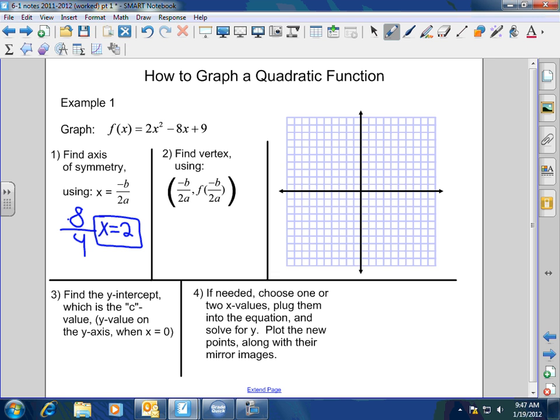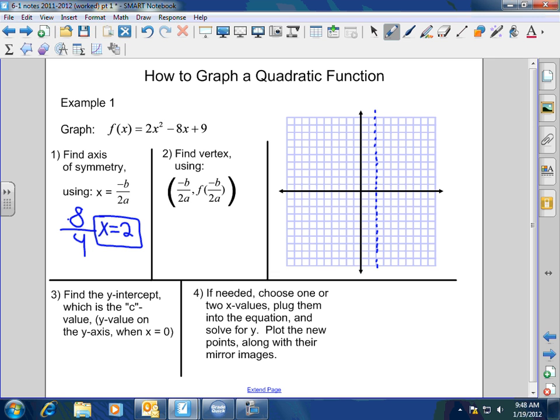Now, what I do, I like to do it in order always. I have my axis of symmetry. So I'm going to come here to my graph and I'm going to make a dashed line which goes down the x equals 2. So not only have I found, but I have graphed my axis of symmetry.